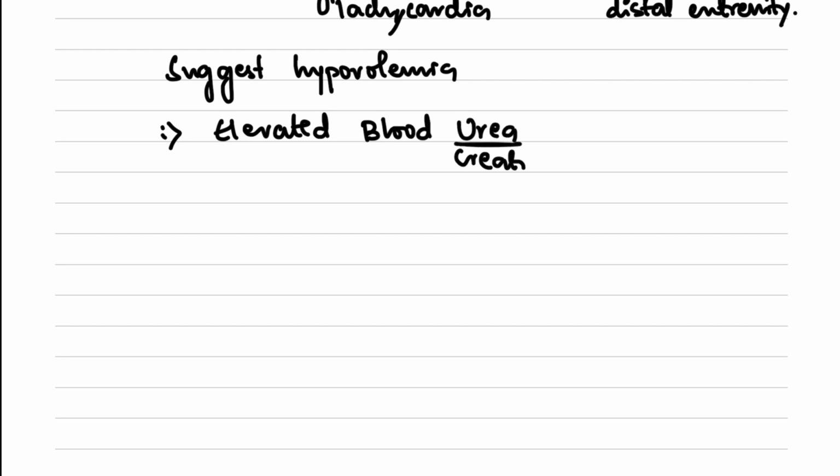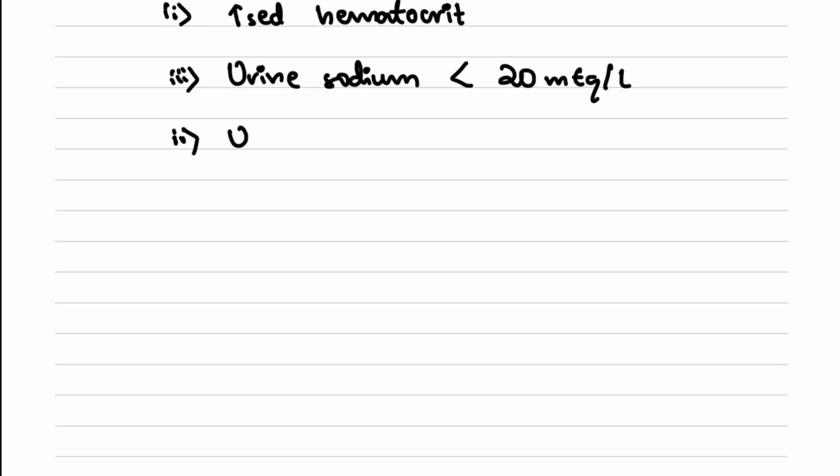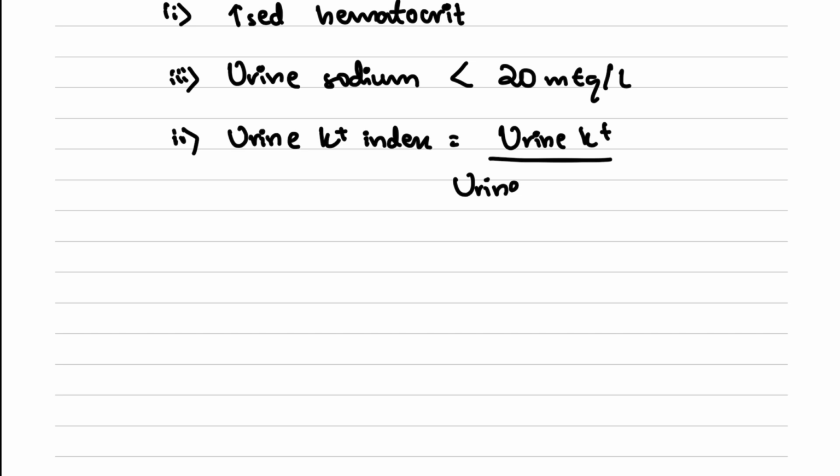Number 1, elevated blood urea nitrogen to creatinine ratio, and also increased hematocrit in the patient, or if the patient's urine sodium levels are less than 20 milliequivalents per liter, or if the patient's urine potassium index, calculated as urine potassium divided by urine potassium plus urine sodium, is more than 0.6.